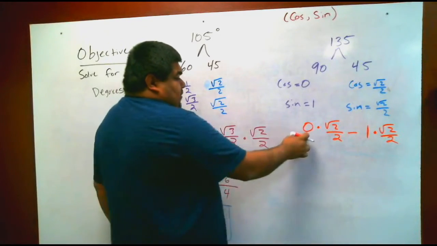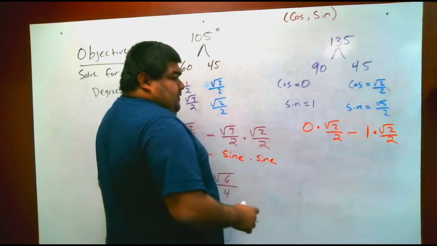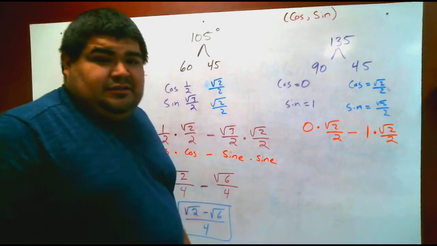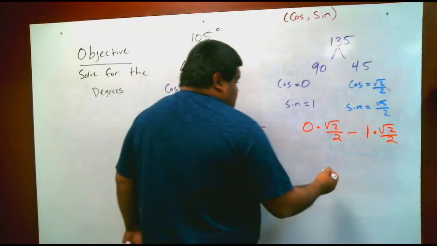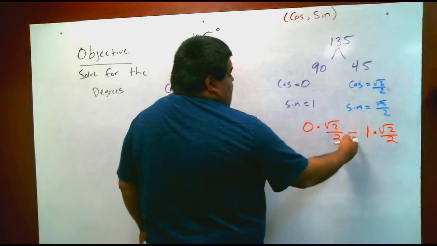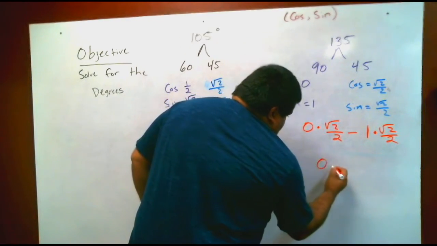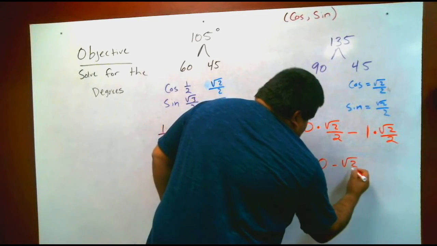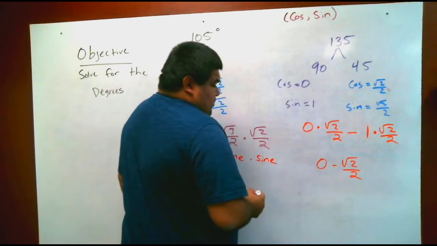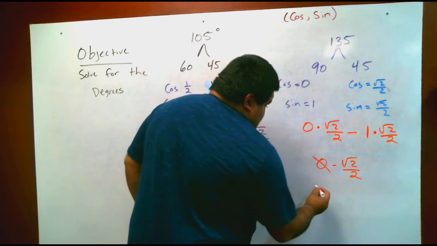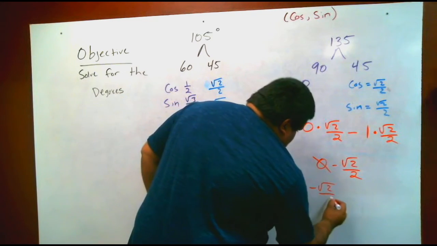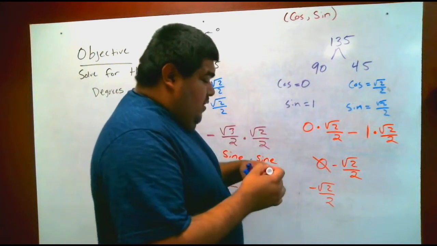So we get 0 times radical of 2, which is just 0, minus radical of 2 over 2. We cancel out the 0, so we're left with negative radical 2 over 2 for 135.